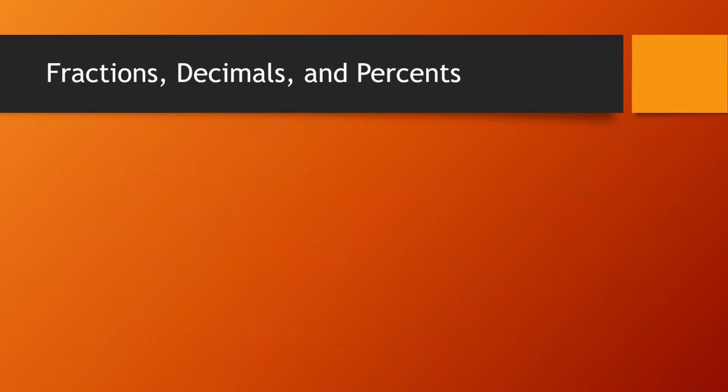Converting between fractions, decimals, and percents is a little trickier when we start out with a percent that also contains a fraction. Now this is considered a percent because it has a percent sign. And if we'd like to change this to a fraction, the first thing we're going to do is just work with that mixed number, 3 2/3, and write that as 11/3. It's still a percent though.